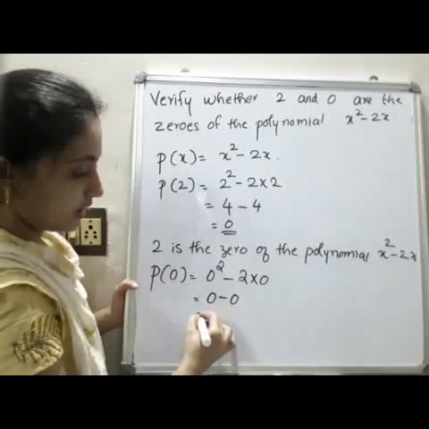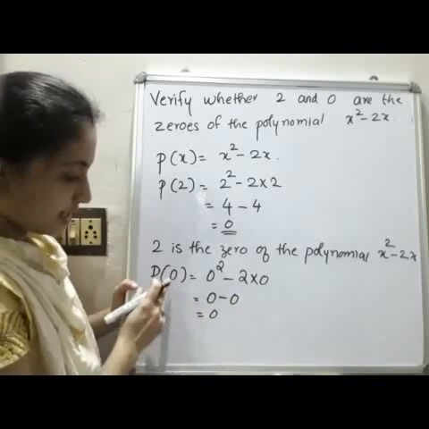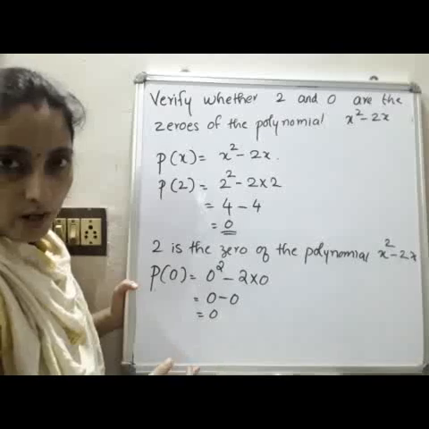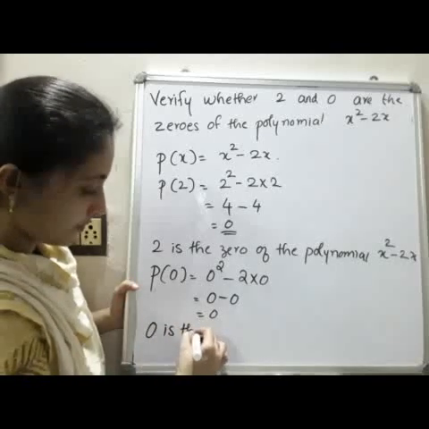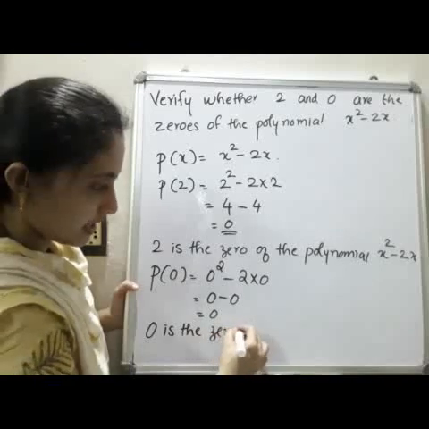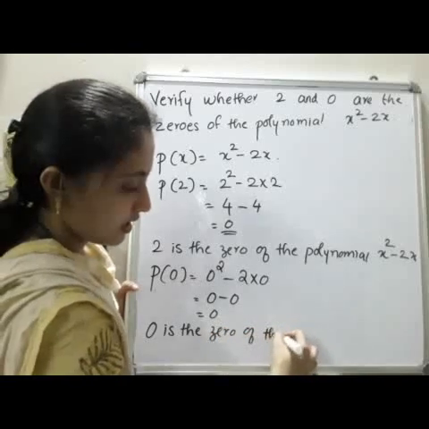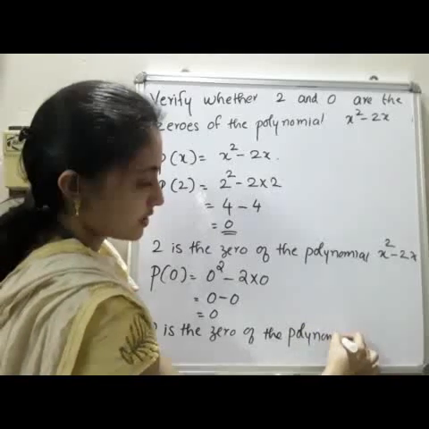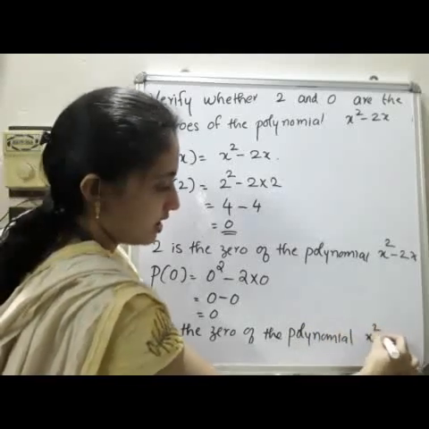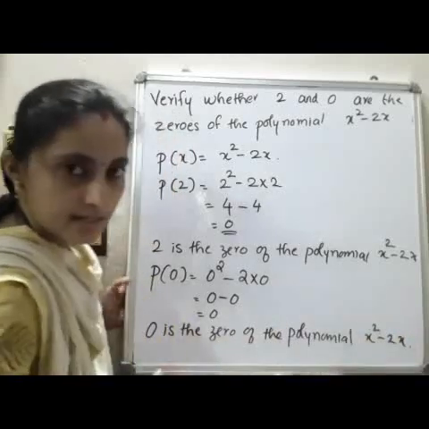What is 0 minus 0? That is equal to 0. So is 0 the 0 of the polynomial? Yes. So we can write 0 is the 0 of the polynomial. Which polynomial? x square minus 2x.